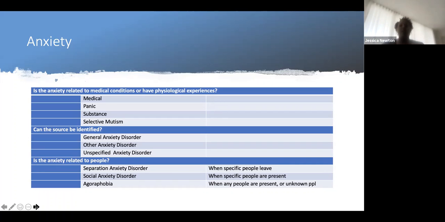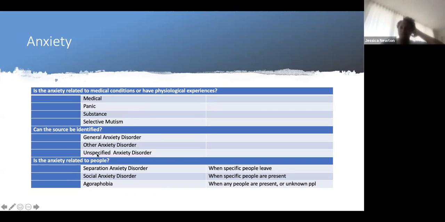And so when we are looking specifically at anxiety, then we may have anxiety induced by a medical condition. We may have someone who has a panic disorder. And there may be somebody that has a substance-induced anxiety disorder.